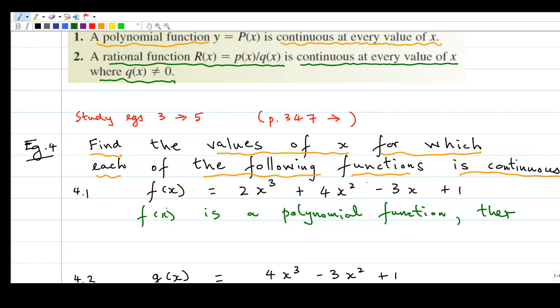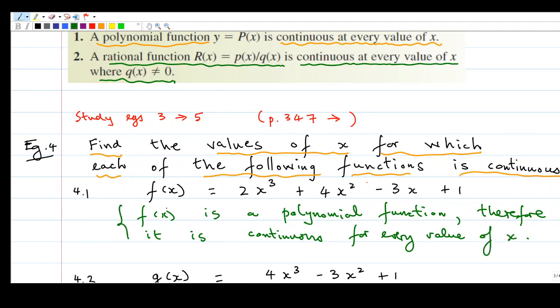Therefore, it is continuous for every value of x. You can see that this comes from the first point there in the theory.